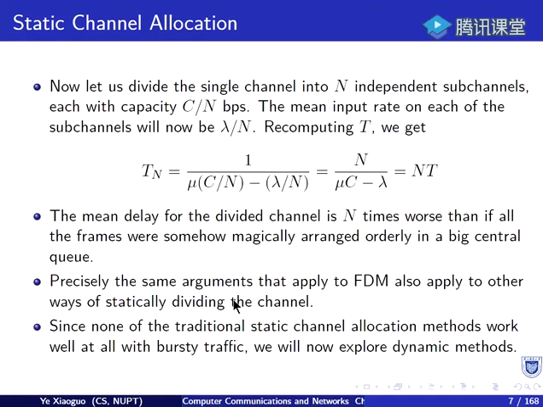Here, we analyze the situation when we divide the single channel into n independent subchannels, each with capacity C over n bps. Then the mean input rate on each of the subchannels will now be lambda divided by n, right?